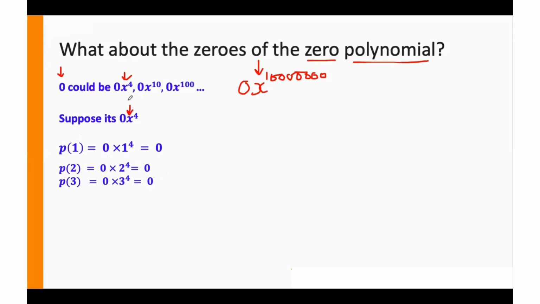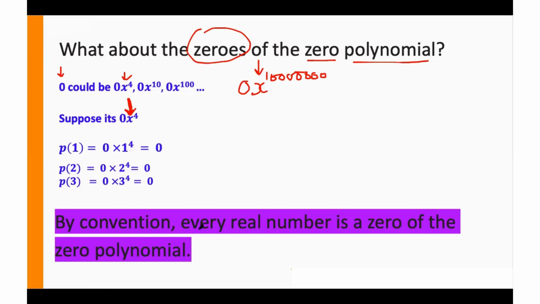So there are infinite values that I can put in place of x, and every time it will turn to become 0. So what is the 0 of this 0 polynomial then? Every real number is the 0 of a 0 polynomial.